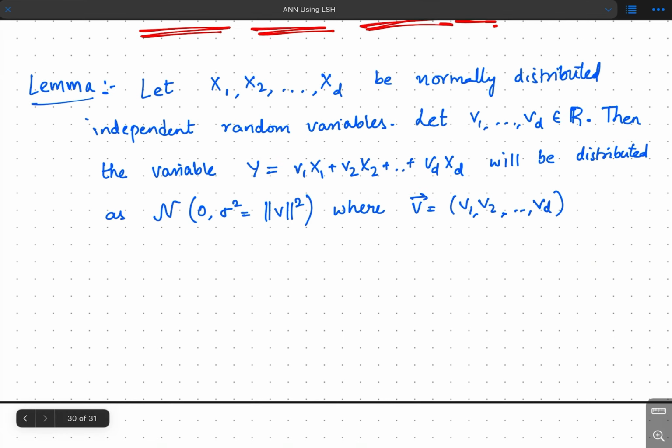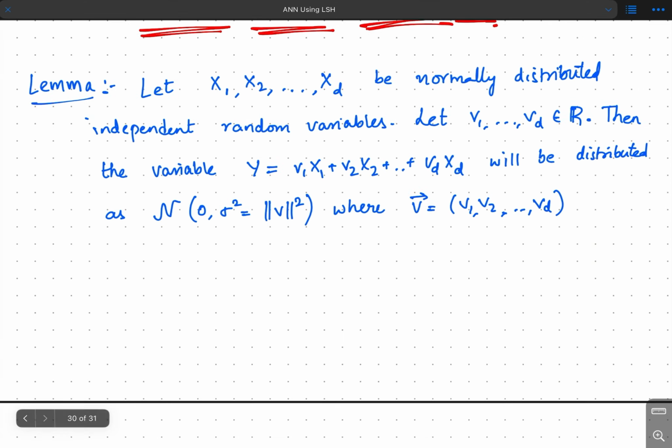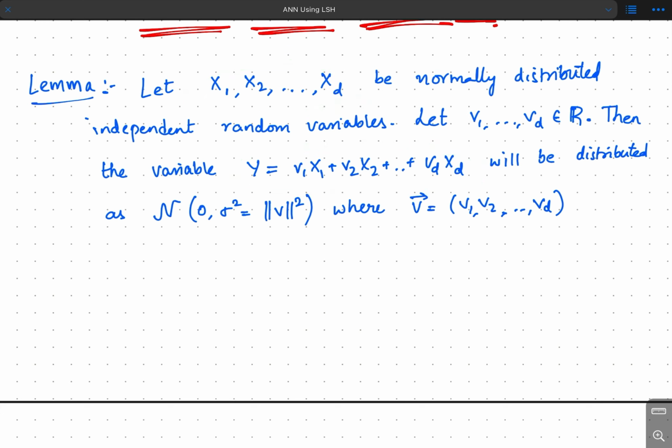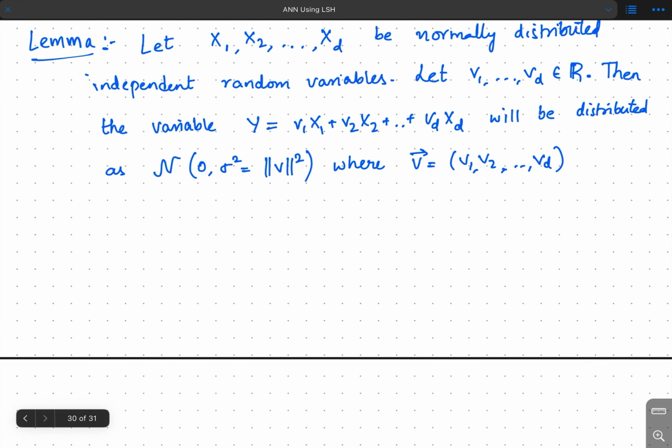Okay, so note that all of v1, v2 and so on vd are constants, so this random variable y is a linear combination of the existing IID random variables, where each is sampled from the normal distribution. So we'll be using this for the Euclidean metric, and let's see the proof of this.